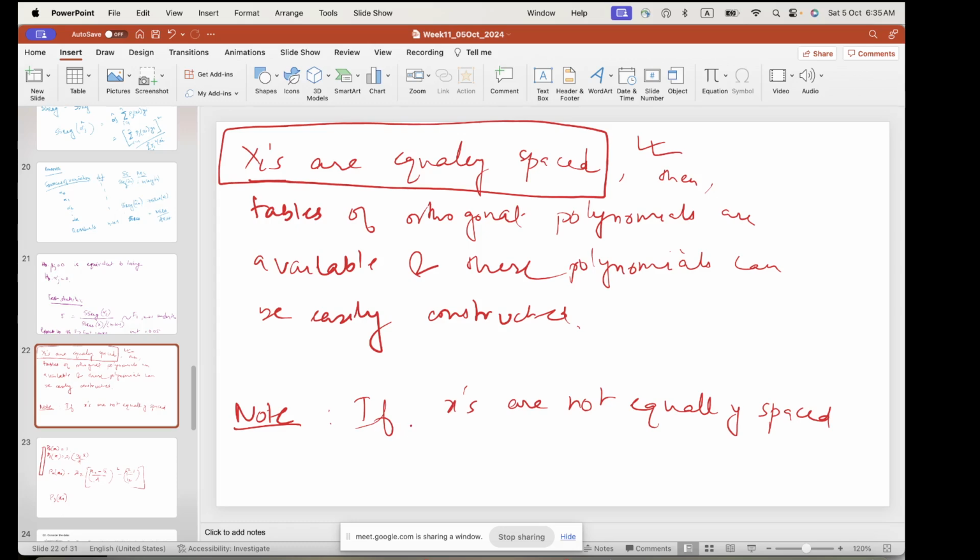We can always construct an orthogonal polynomial even if the x's are not equally spaced, but that has not been explicitly discussed in our lecture series.